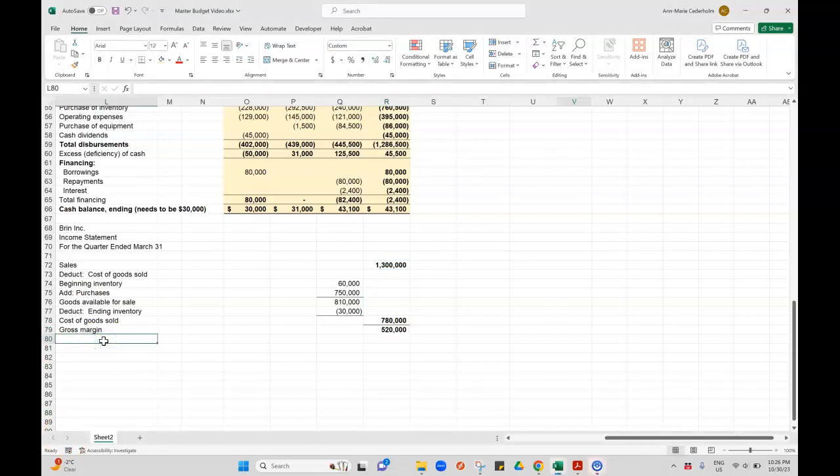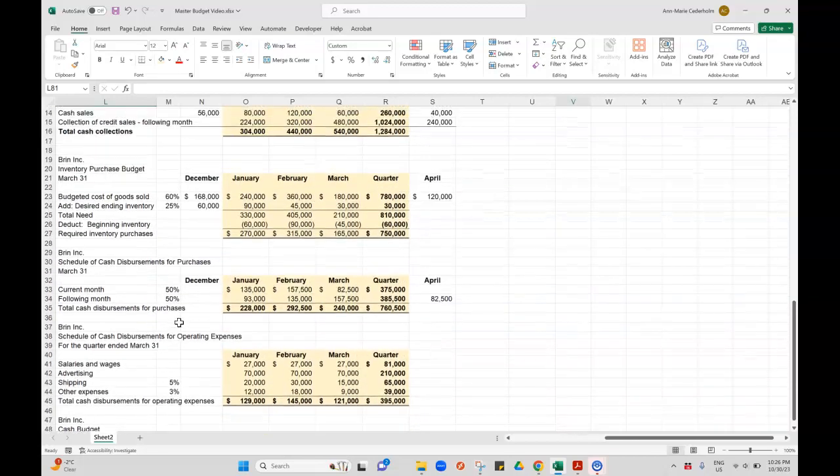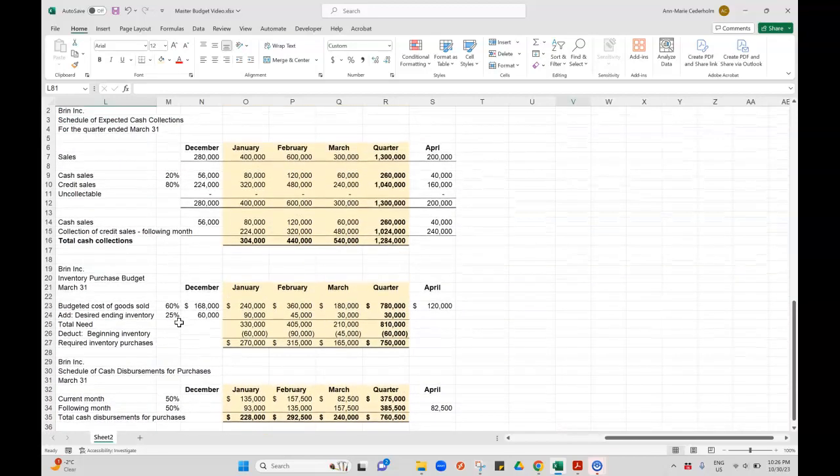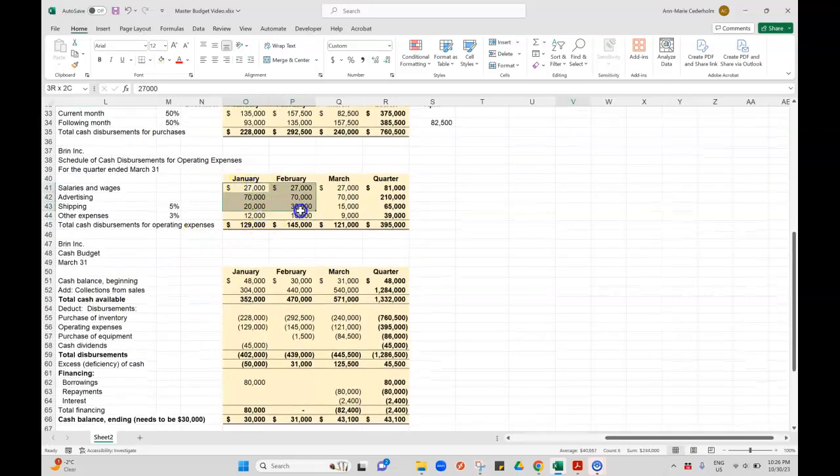So next we're going to subtract all of our operating costs. And because we did its own schedule, it makes doing this part a little bit easier. So if we go to the schedule of operating expenses right here, we're just going to put these numbers down.